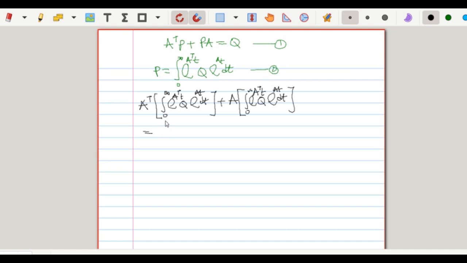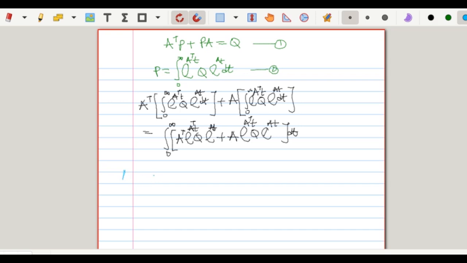We can solve this further by saying integral from 0 to infinity, bringing this inside, we have A exponential A transpose T Q exponential AT, plus A, bringing this to the same integral, exponential A transpose T Q exponential AT, dt.